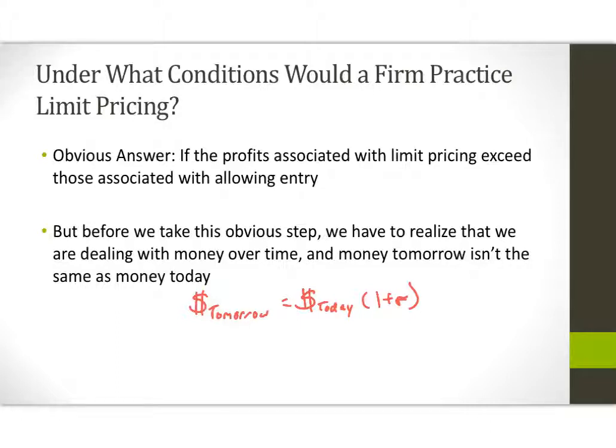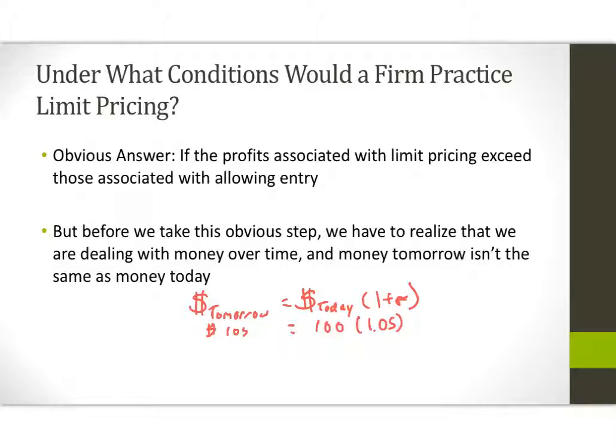So, for example, if you have $100 today and you have the opportunity to invest that at 5%, next year you would have $105. Okay, so that's all we're talking about here, and then there's compounding and all that, and we'll show sort of how this formula expands to that.